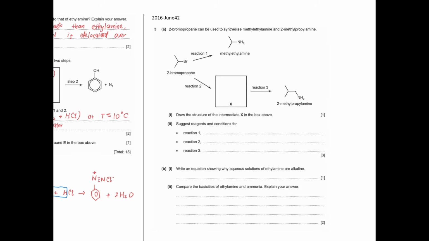Then draw the structure of the intermediate X in the box above. So we have to think about how to change 2-bromopropane to X and then to 2-methylpropylamine. What is obvious here is the number of carbon. We have 1, 2, 3, 4 carbon, but the starting material here has 1, 2, 3 carbon only.